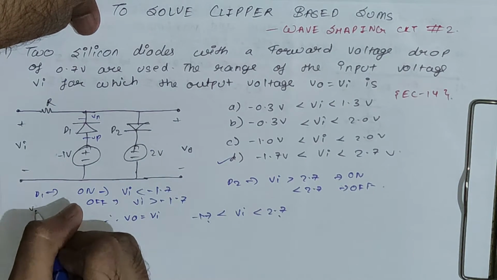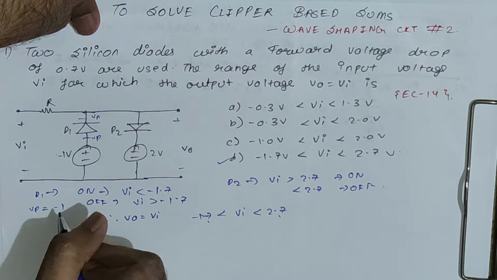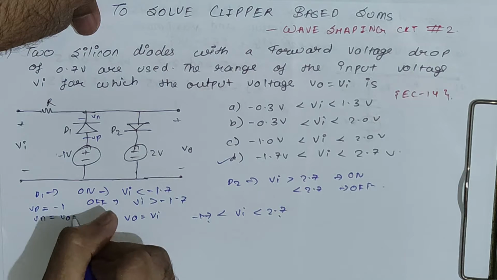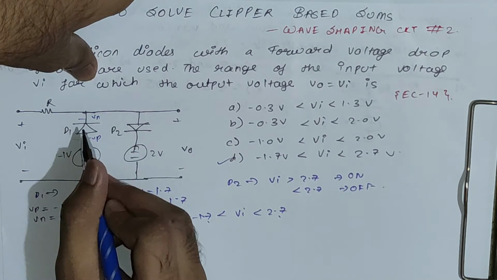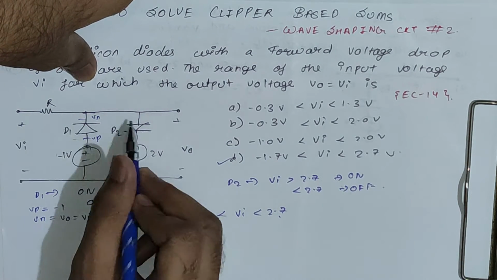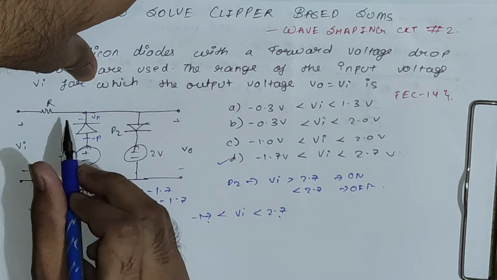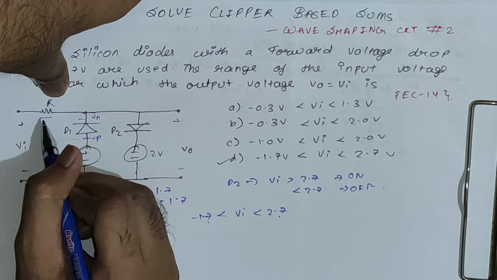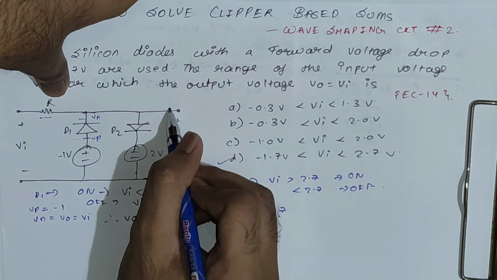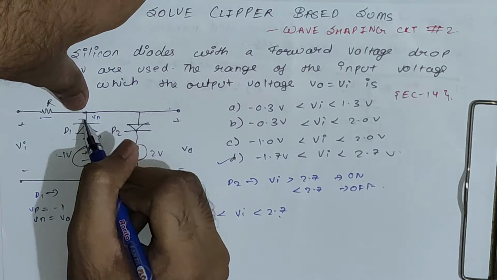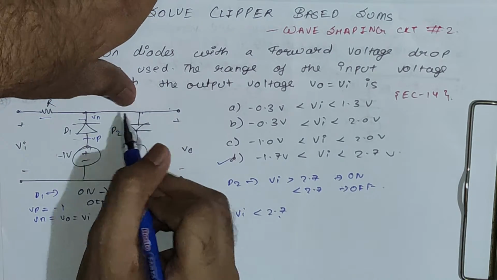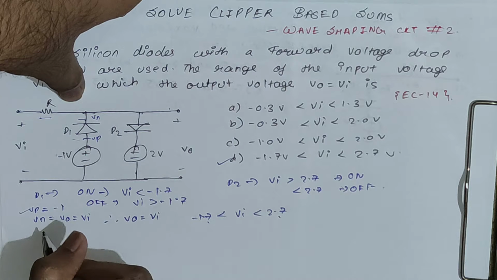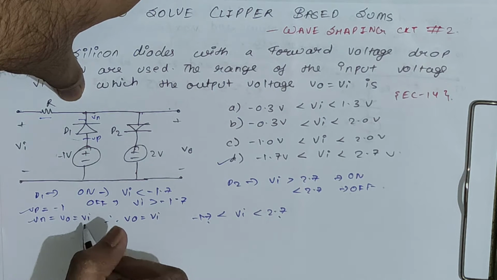So you can say Vp is minus 1 volt and Vn is nothing but Vo, which is nothing but Vi, because if we open both of these diodes there won't be any path for the current. So we can say this resistance will be short circuited. At that time Vi is equals to Vo. So we get Vp is equals to minus 1 and Vn is equals to Vi.